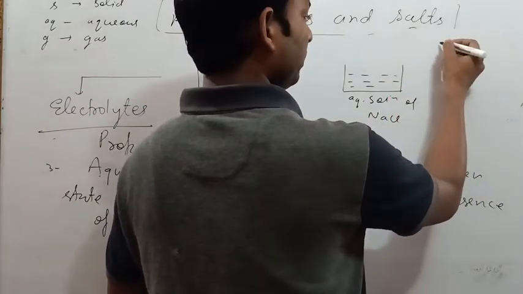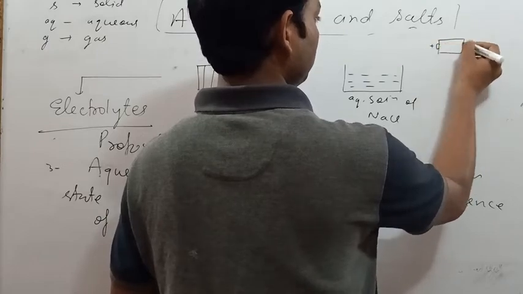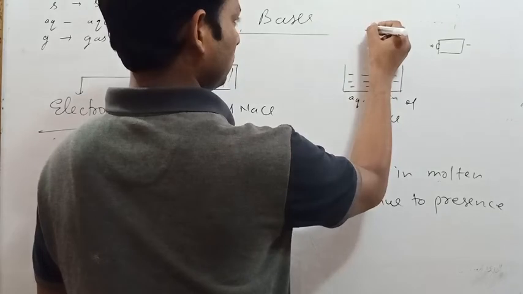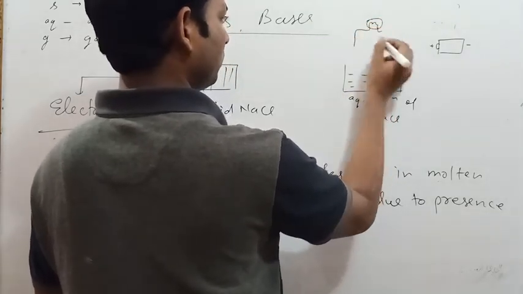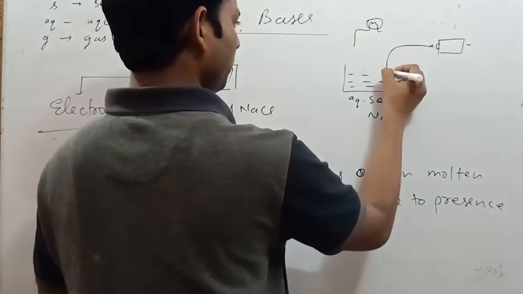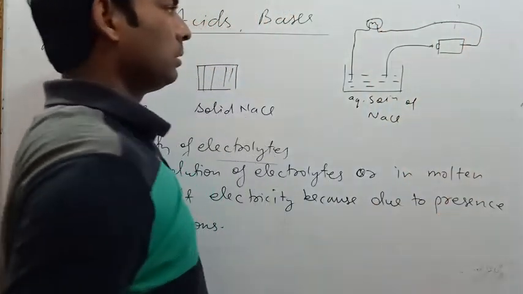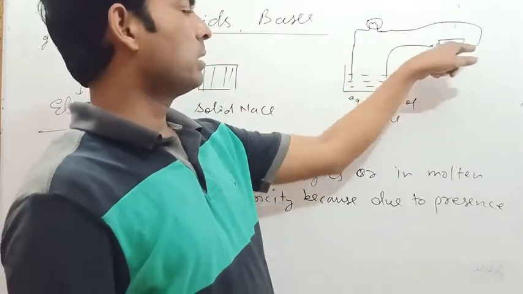Suppose this is plus and this is minus. One bulb. Suppose this is a bulb. Okay, look here. This is plus charge and this is also plus, and this is minus. This bulb is attached to one part of the solution, and the second one is this minus part.